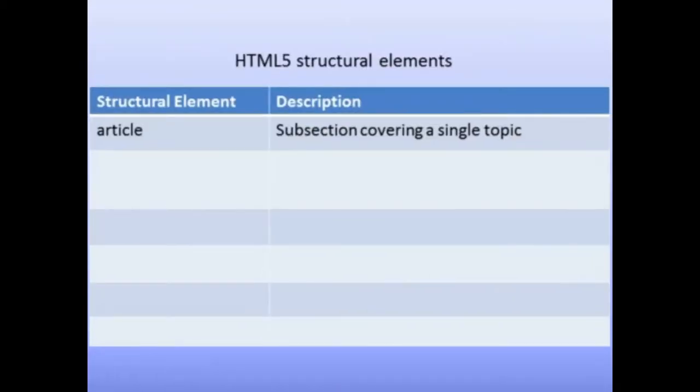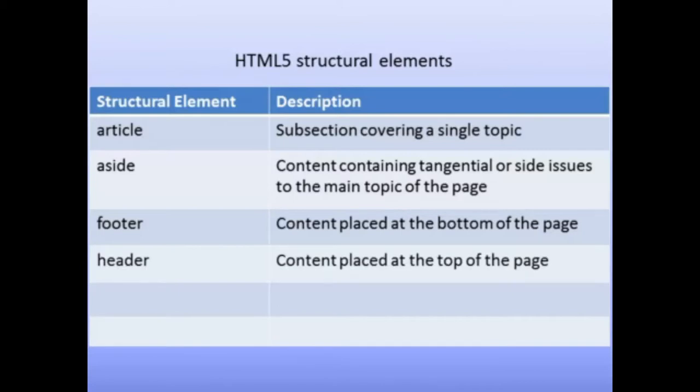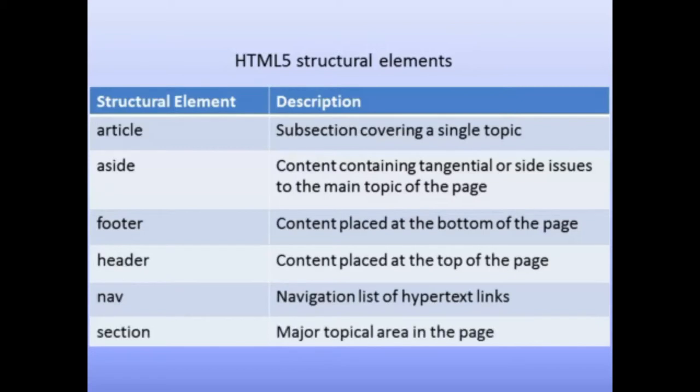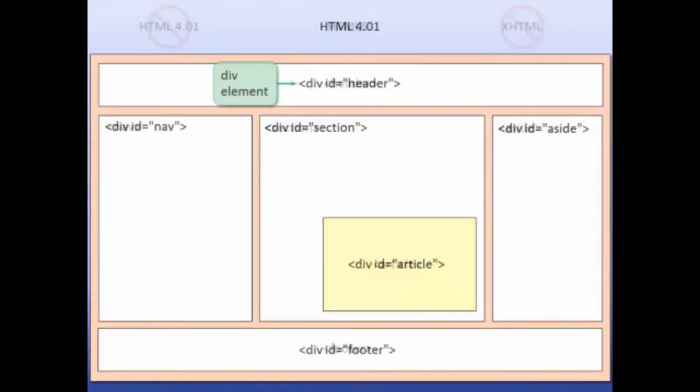In short, the 6 HTML5 structural elements are article, aside, footer, header, nav, and section. These elements are not part of HTML 4.01 or XHTML. Pages written in those languages use the div element to identify page divisions.